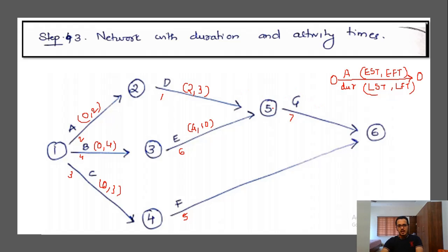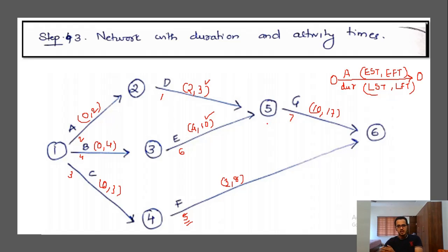Then we have two values, 3 and 10 here. In the forward pass we always consider the highest value. So 10 and 17. And coming to the last activity F, we have to take 3 and 8. 8 is obtained by adding this 3 with the duration 5. In that manner we completed all the EST, EFT values.